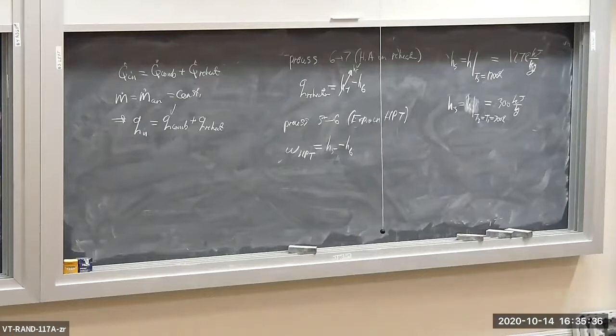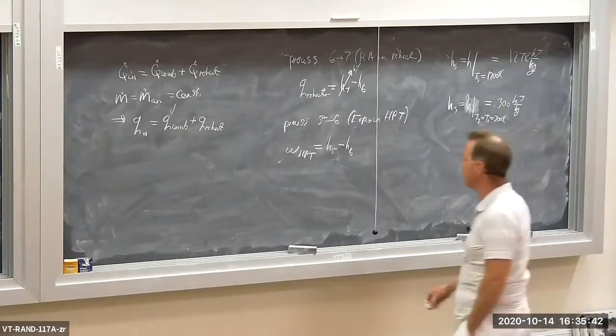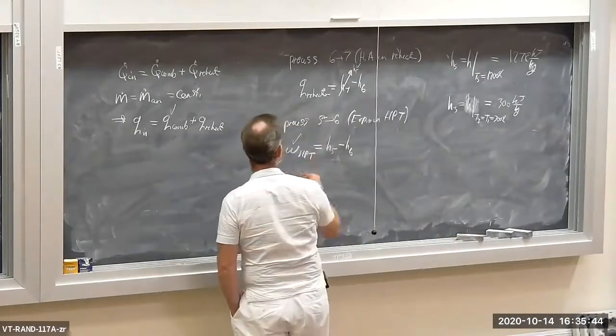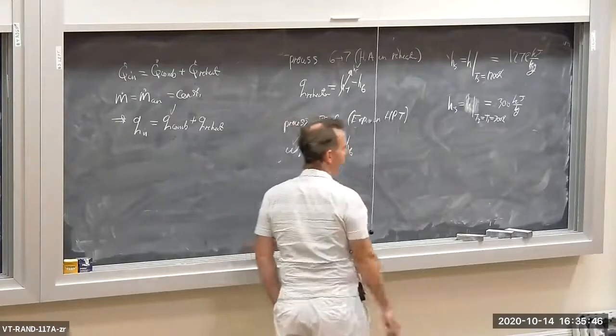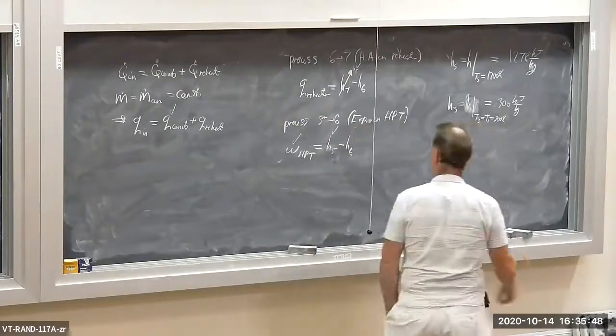Okay, so I need to get H6. Now I have WHPT. I've already calculated that. I also have H5, so I can immediately get H6.